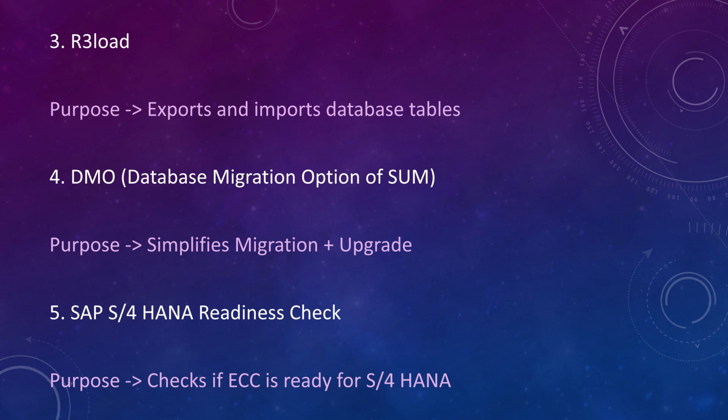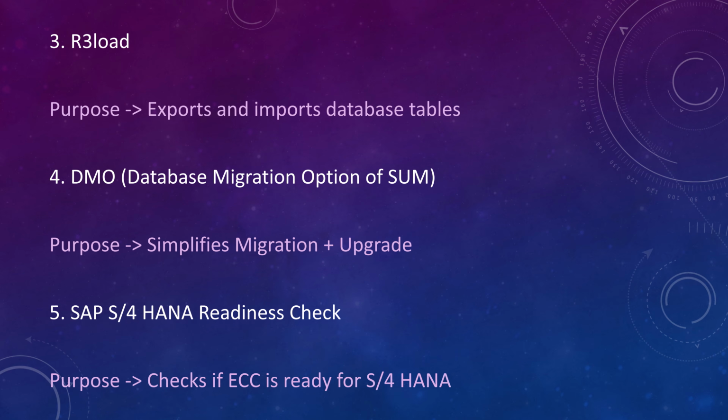DMO is a feature of SUM, the Software Update Manager. Its main purpose is to simplify both the migration and the upgrade in one combined process. It reduces downtime and makes the entire process more efficient.